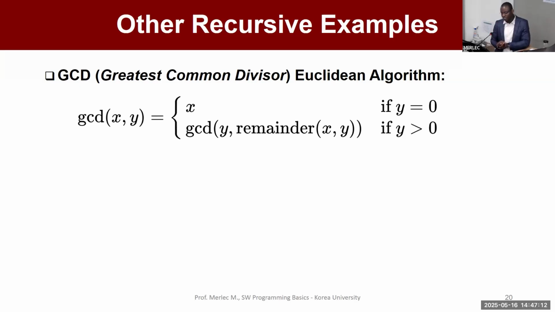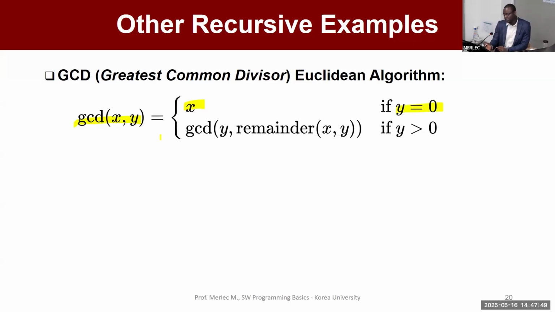The last example I'm going to give is how to calculate the greatest common divisor using the Euclidean algorithm. Most of you are familiar with this problem, but the calculation of the greatest common divisor using the Euclidean algorithm can be mathematically expressed as follows. The GCD of x and y is equal to x if y is equal to 0.